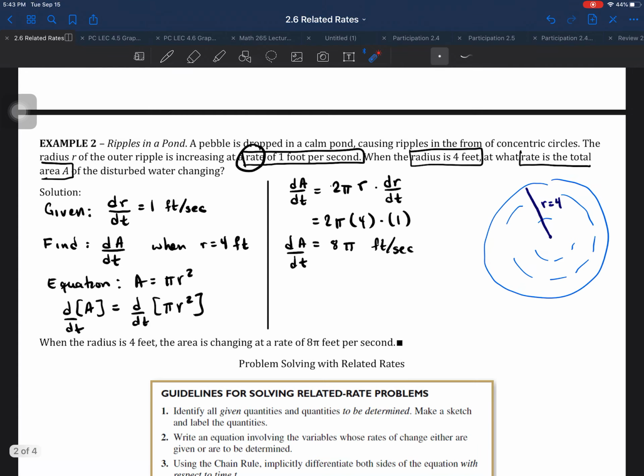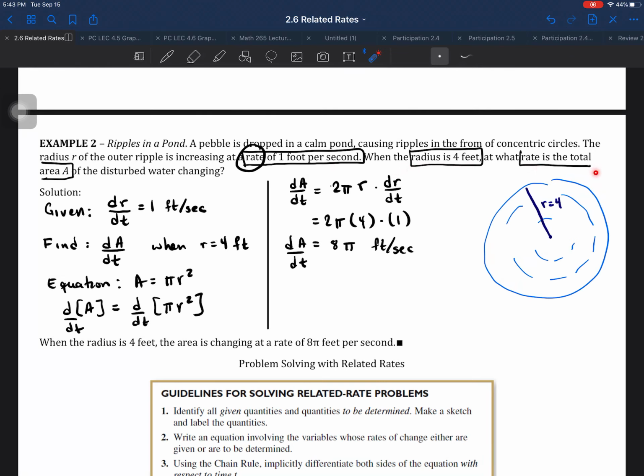So we'll try a few more here. We have a pebble that is dropped in a calm pond, causing ripples in concentric circles. The radius r of the outer ripple is increasing at a rate of 1 foot per second when the radius is 4 feet.